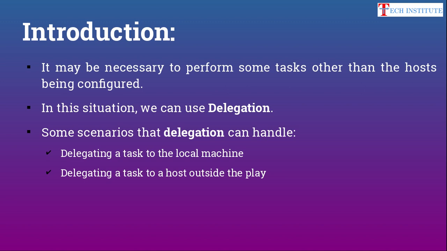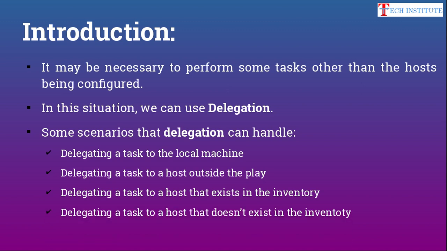Then you can delegate a task to a host that exists in the inventory but is not part of your play, like web server and DB server. And even you can delegate a task to a host which is not part of your inventory also. So all these four scenarios we will see how you can do that.